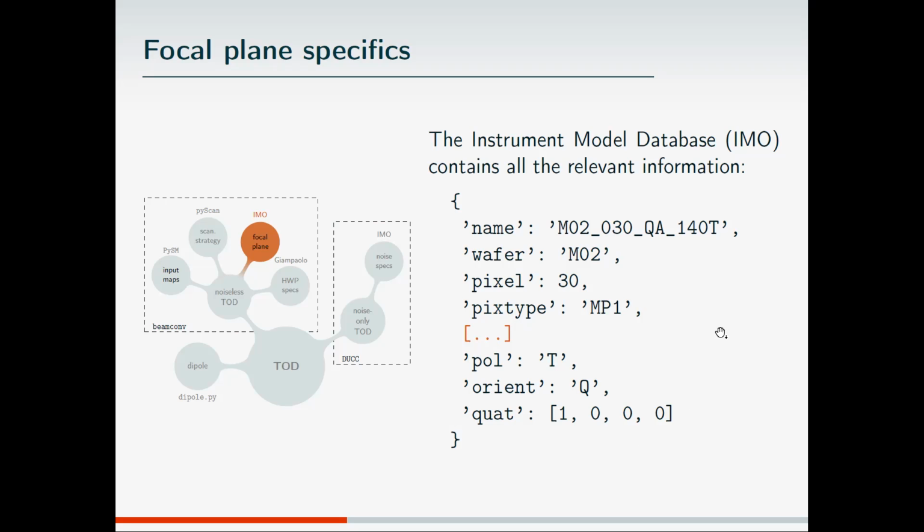This is the quaternion associated to the fact that the detectors have an offset position on the focal plane. They are not at the boresight, and T and Q encode the polarization direction of the detector, which is the direction on which the detector is sensitive to polarization.